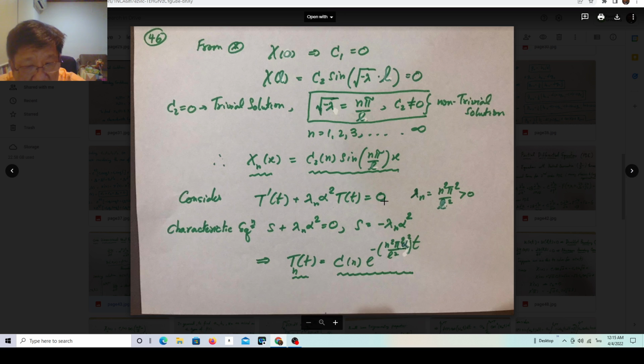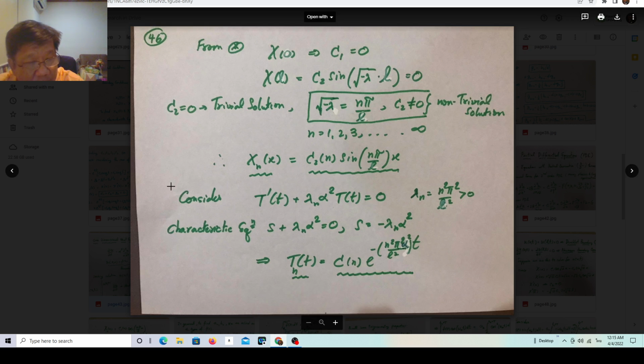Okay, you can look here: if you use the square root of minus lambda squared, it becomes minus lambda. You square them and you get minus lambda is equal to n squared pi squared divided by L squared.